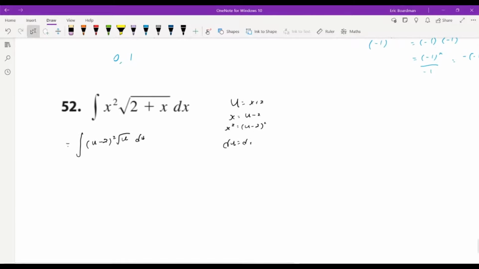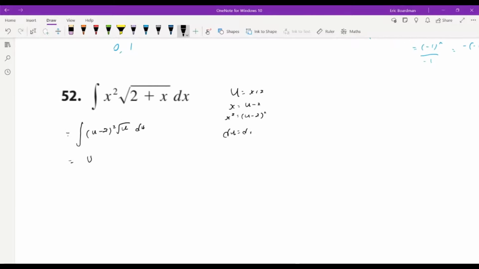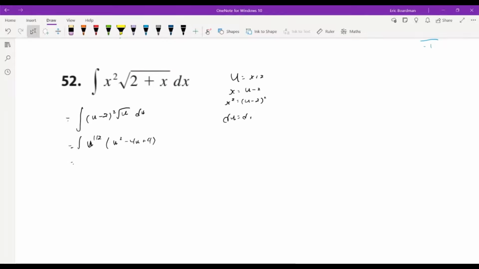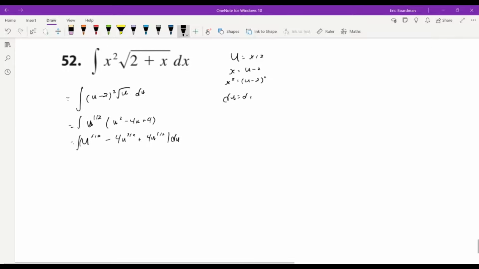And then this is the integral of u to the power of 1/2 times u squared minus 4u plus 4, which equals, u squared, that's just u to the power of 4/2. So this is u to the power of 5/2 minus 4u to the power of 3/2 plus 4u to the power of 1/2 integrated with respect to u.